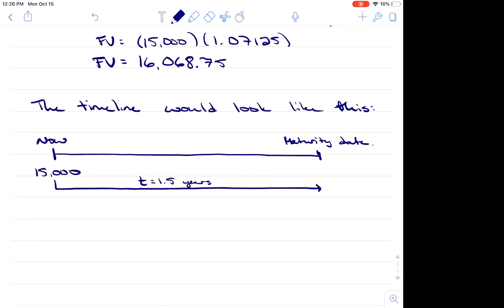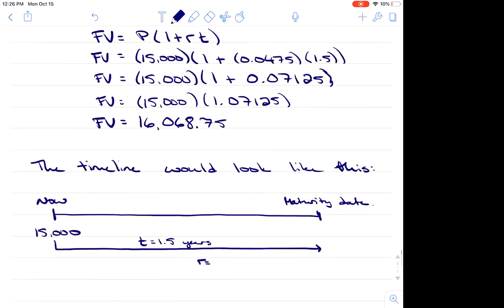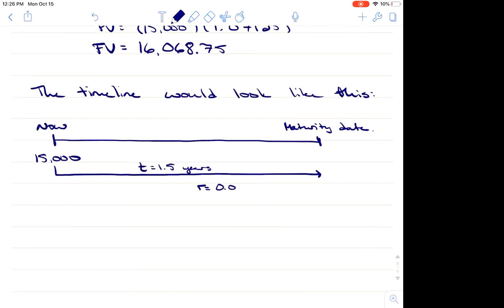And I'll just say somewhere here on the side that the rate is 0.0475, right? Just somewhere around there. And we want to find the future value.